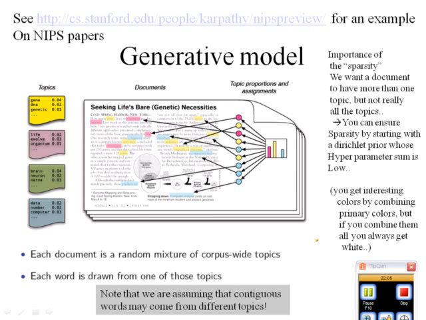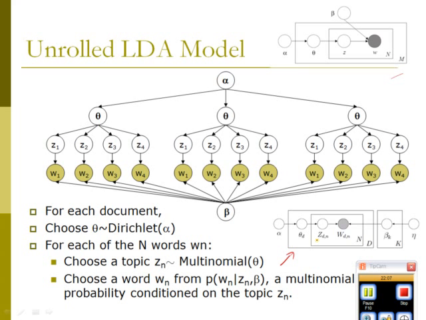So in the model, you have the word W_DN. It has as its parents the topic number as well as the topic matrix beta. Now, how does the topic matrix beta look? It is a V by K matrix, such that the first column is the first topic, the second column is the second topic, the third column is the third topic, and so on.